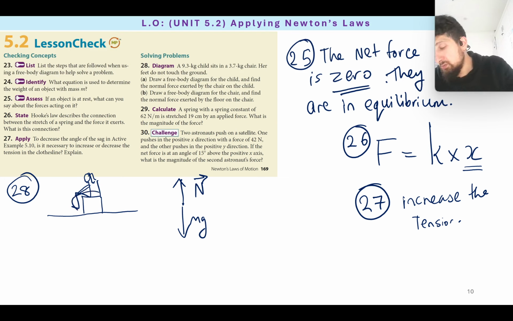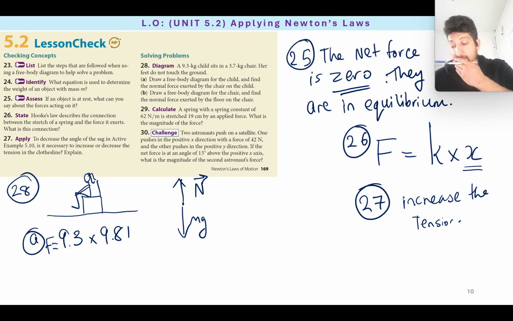So we're going to assume the chair can be treated like the floor, because the chair is carrying the full weight of the child. So that's easy enough. A is going to be 9.3 multiplied by 9.81, because that's how much force the girl is exerting down on the chair, her weight.